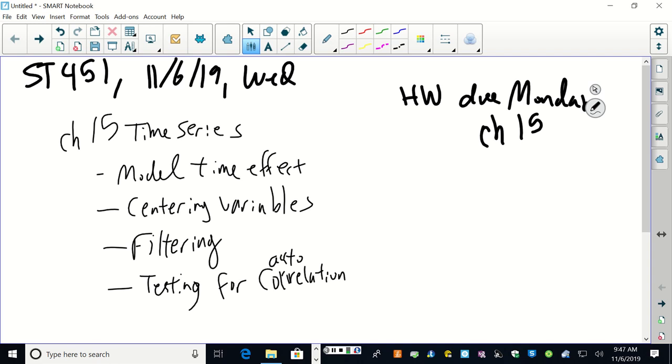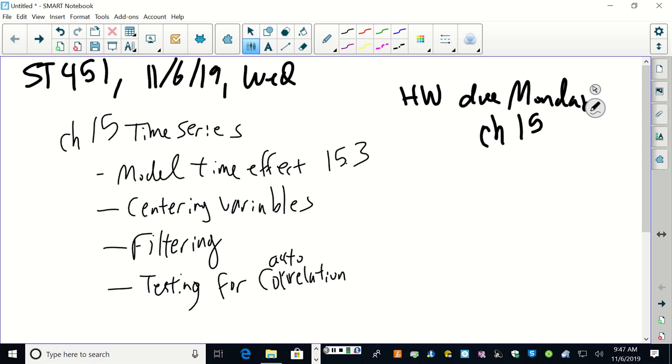We talked some about time series, looking at examples and how it can affect things. The standard error for an average is affected by the correlation. So the simple formula of s over the square root of n doesn't really work. The actual standard error when the measurements are correlated would be much higher, so we can do an adjustment there. We can also model the time effect directly and look at residuals.